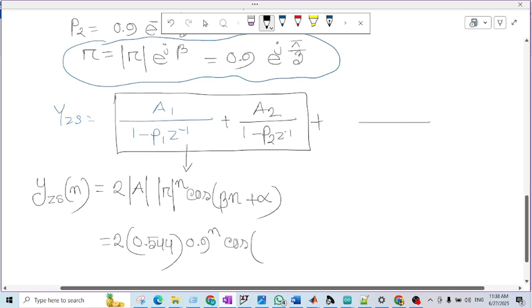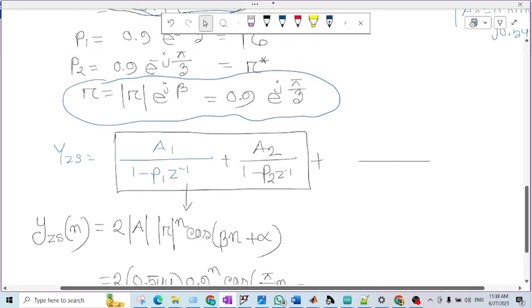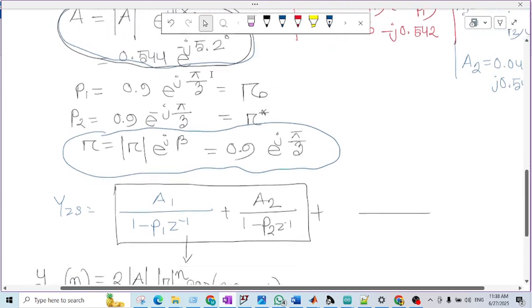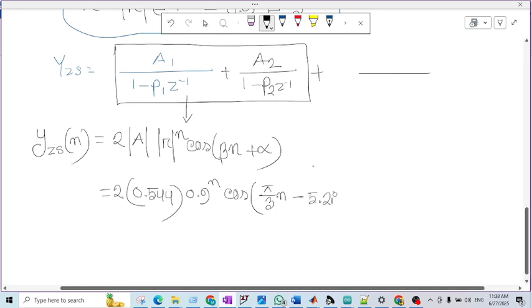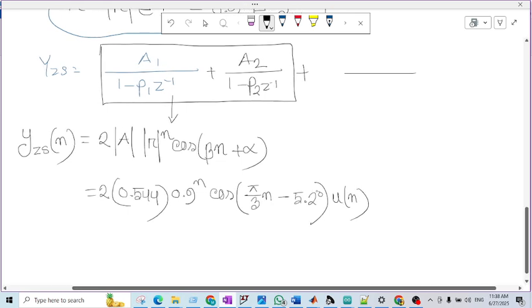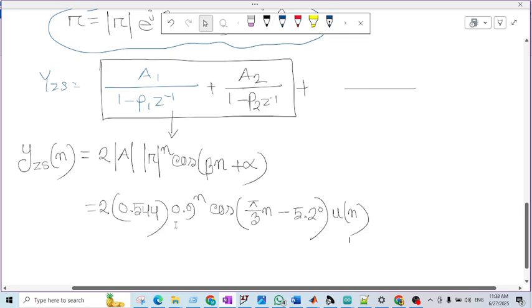Then beta is equal to pi by 3, right? And alpha is equal to minus 5.2 degree. Don't be confused that this is radian pi by 3 and this is degree. It's okay, no problem. And then u[n]. Okay, now, it's a direct formula.